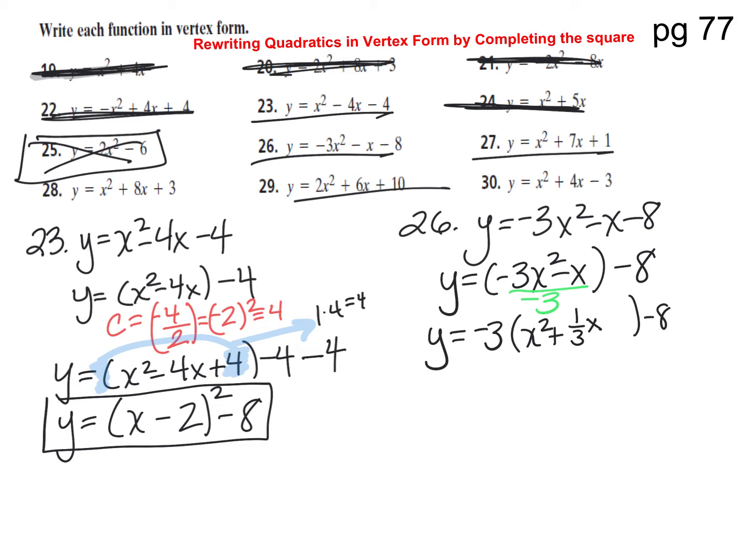Next, I am going to take and find my new c value. So I'm going to take 1/3, divide it by 2. And what's the same thing as dividing by 2? Because this is what we really need to know when we're working with fractions. The same thing as dividing by 2 is multiplying by 1/2.